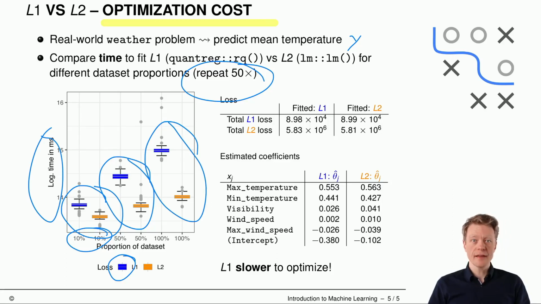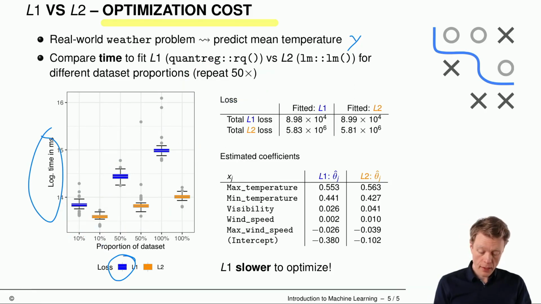And that says that the optimization takes more time for L1 than for L2 loss. We will not go into the details of the numerical optimization here, but it's important to know that this is true.